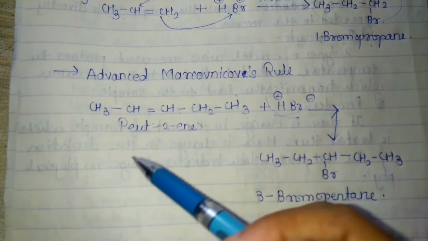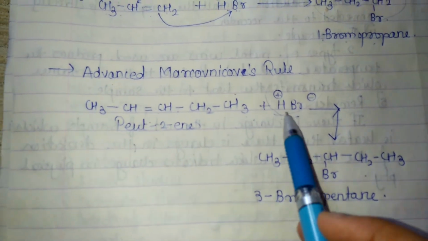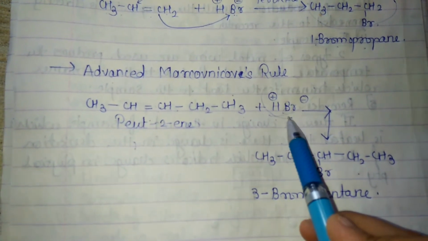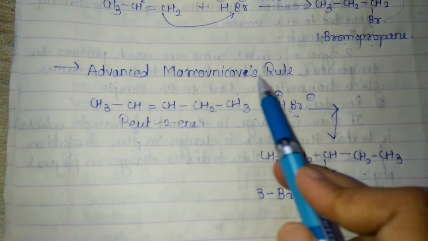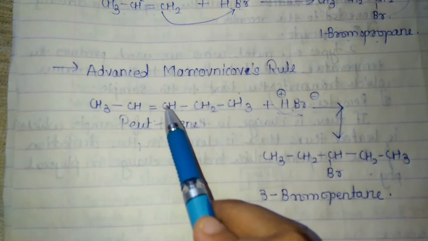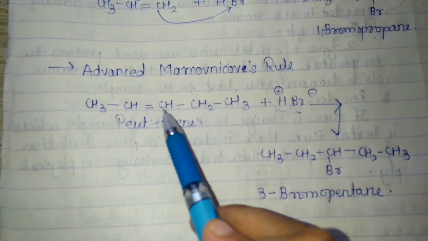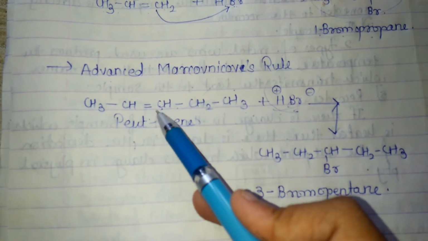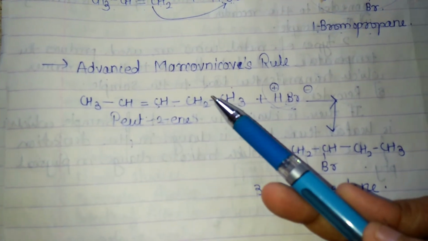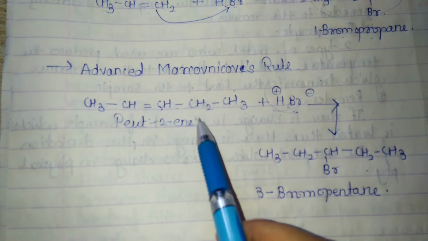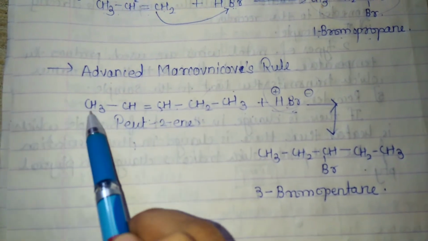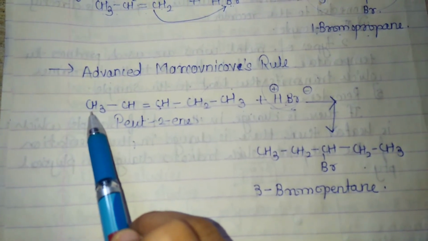at which carbon will it attack? The negative part of the reagent will attack the carbon which is attached to the bulky alkyl group. See, this carbon is attached with ethyl and this carbon is attached with methyl. So which one is bulky?